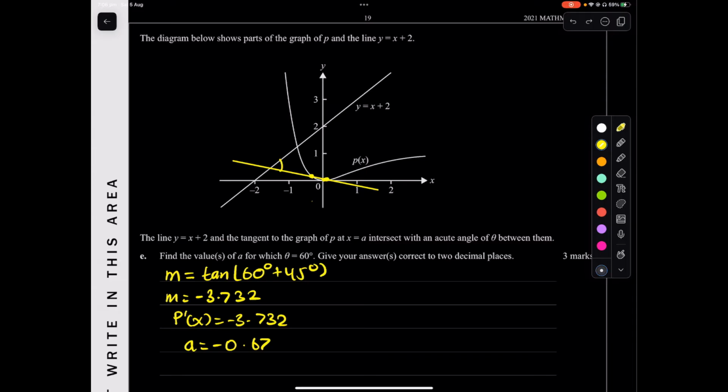So if we said that this was 60, and if we draw that as a straight line and this as a straight line, this value is 45 degrees and the total is 60, so we just need to find this here, which is 60 minus 45.